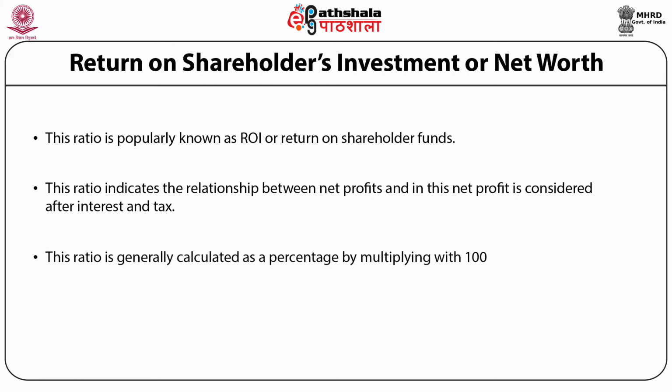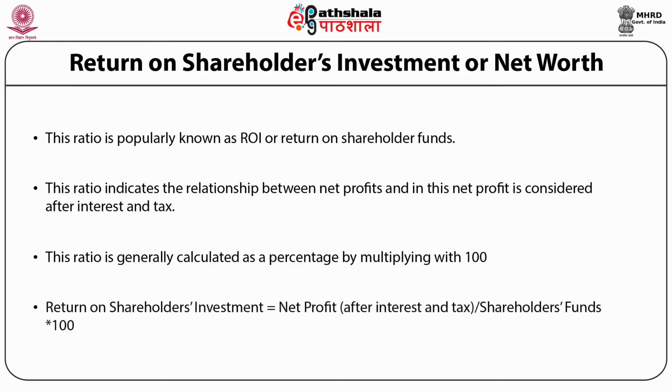This ratio is generally calculated as a percentage by multiplying by 100. Return on shareholders' investment is calculated by dividing net profit after interest and tax by shareholders' fund multiplied by 100.